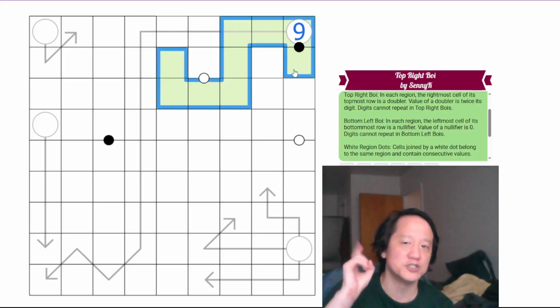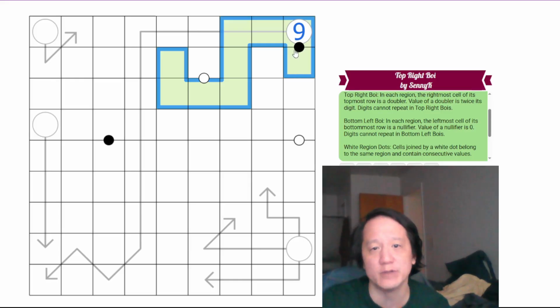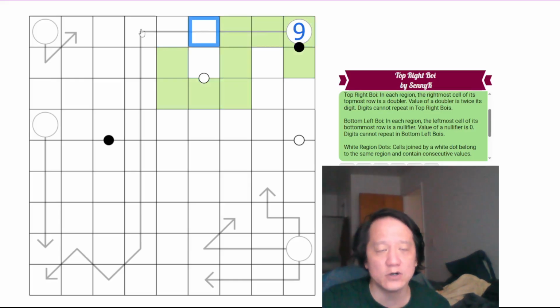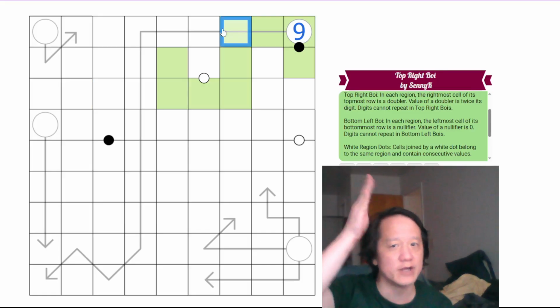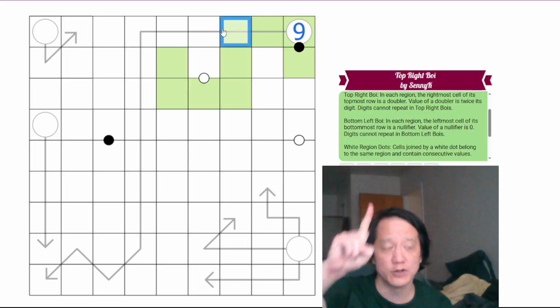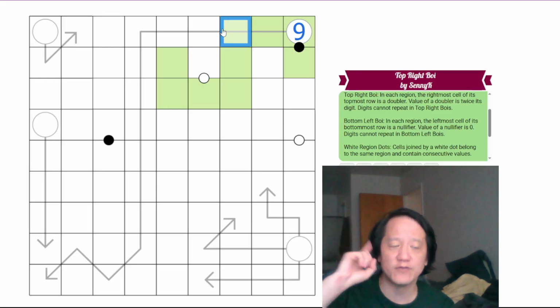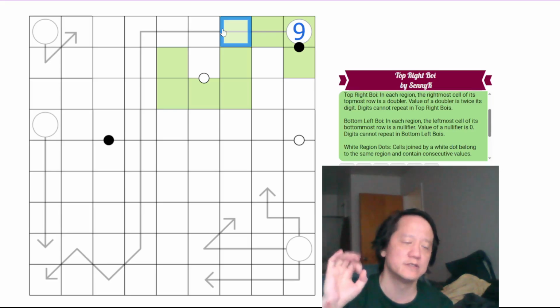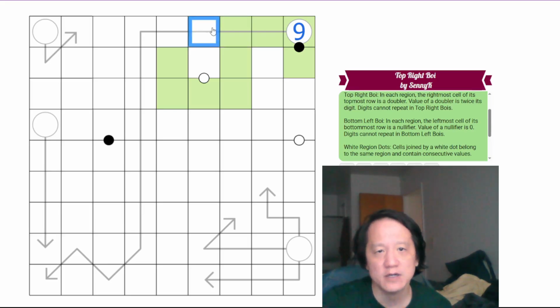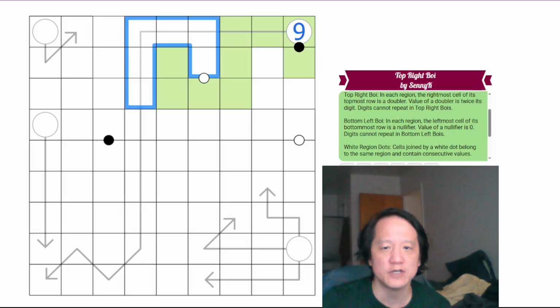Also, again, digits cannot repeat in top right boys. So all the cells that are the top rightmost cells are doubled in value, and there are no repeats. They are all unique. So say, for example, this was another region here, then this would be the top right boy for this region, and it would have to be double whatever that digit is.